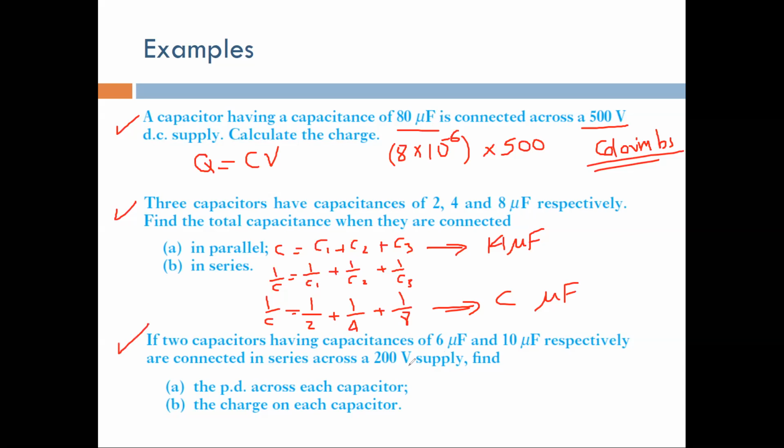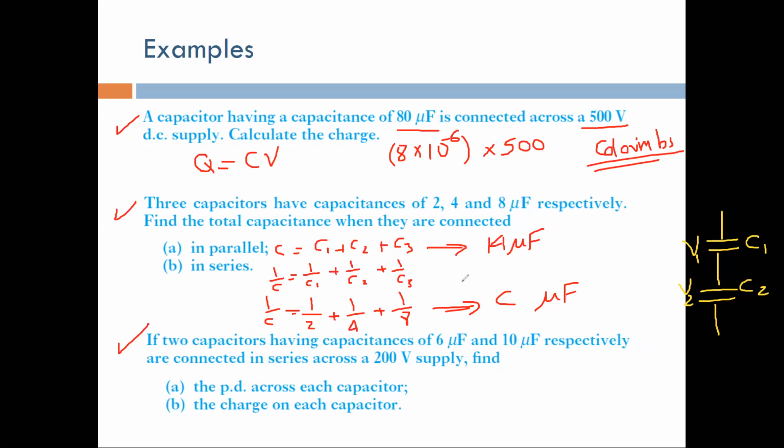The third one: two capacitors having capacitances of 6 and 10 microfarads respectively are connected in series. So basically, let's draw that. You have C1 and C2 like this. We know that we have V1 here and V2 here, and we have the same Q in both of them.